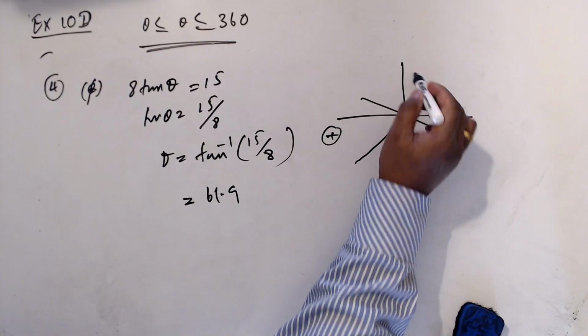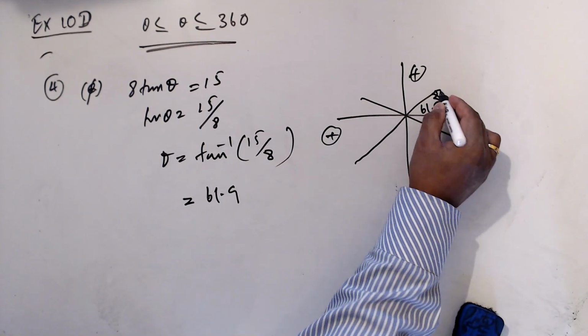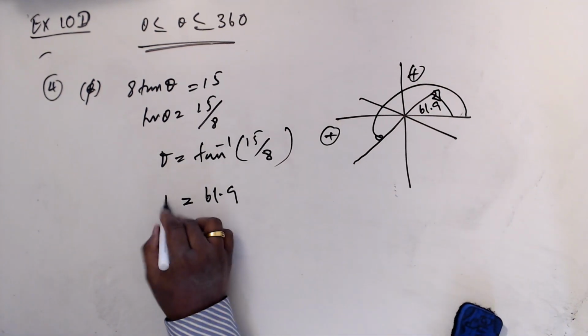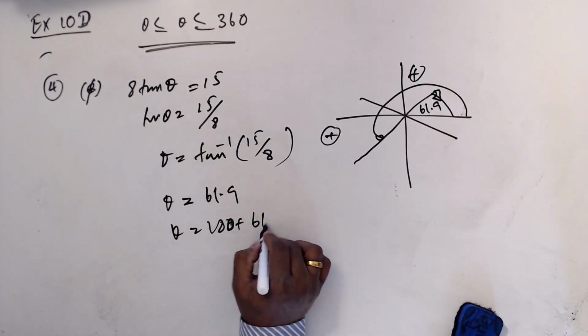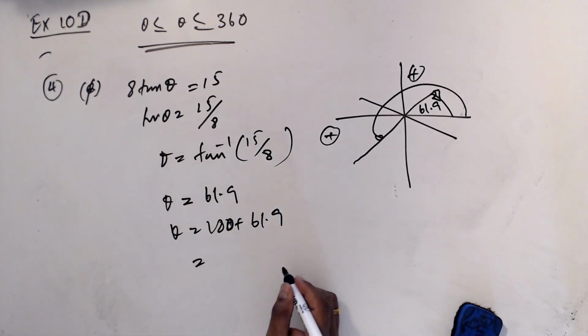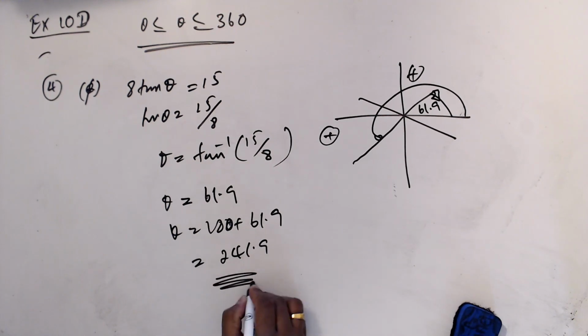This one and this one. So this is 61.9, one answer done. The other one is up to here. It means theta equals 180 plus 61.9, 241.9.